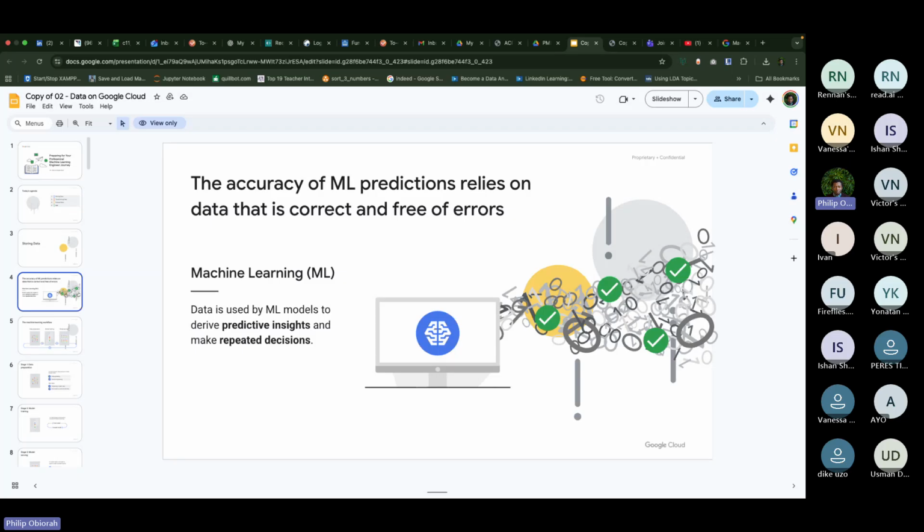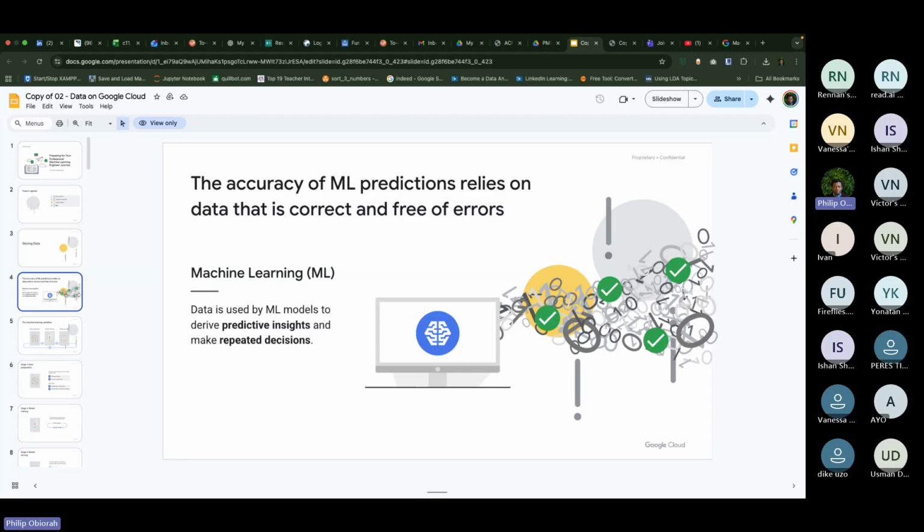Data is used to drive predictive insights and make repetitive decisions. So if your data is not correct, incomplete, or inconsistent, then you're going to have unreliable predictions, regardless of model complexity.